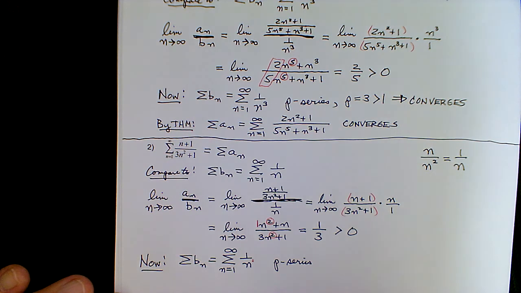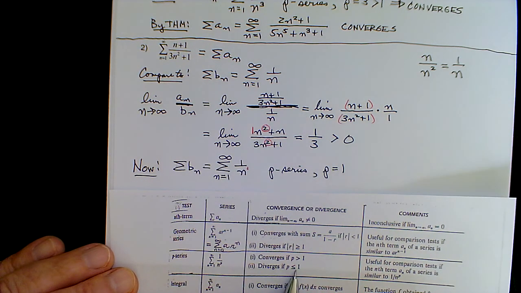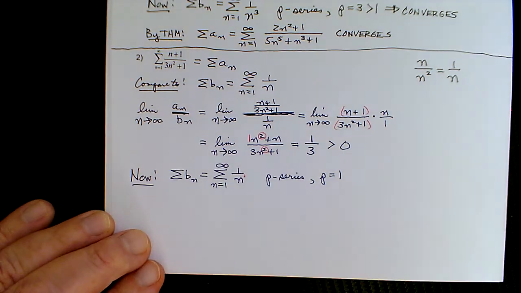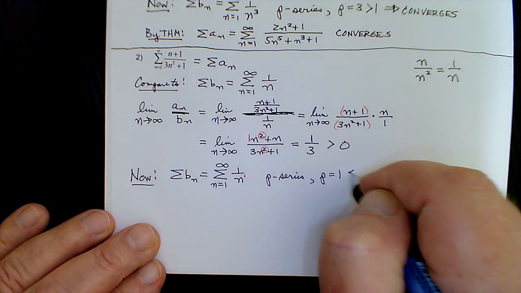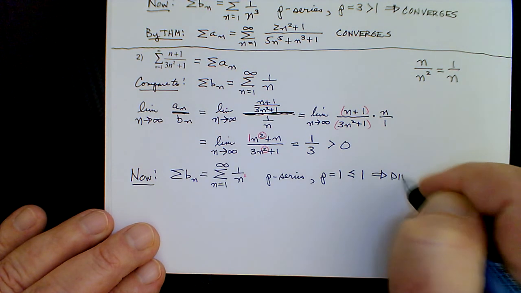But this is the breaking point for convergence or divergence. Because if you look at the table regarding the p-series, when p is less than or equal to 1, that's when it diverges. So 1 is like the breaking point, if you will. So it's less than or equal to 1, so we can say it diverges.